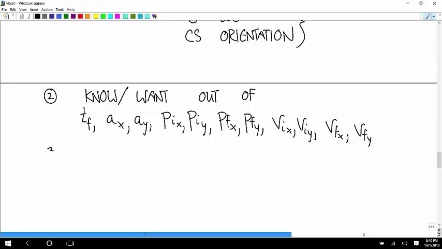And once you've done that, look for an equation out of the 6 that I gave you. It has to have the variable that you're looking for.